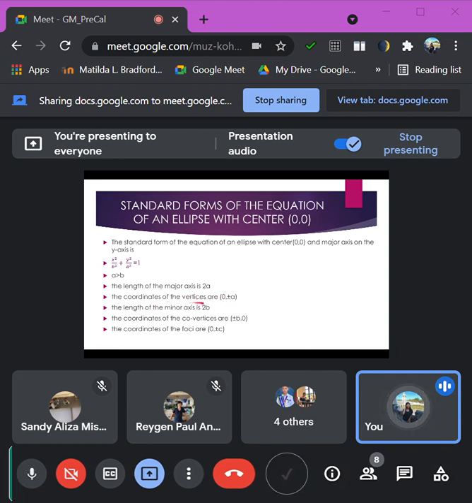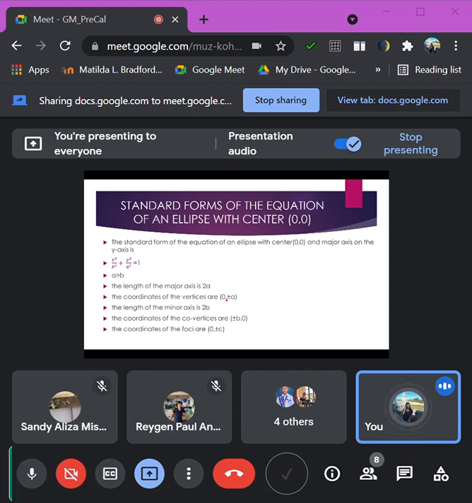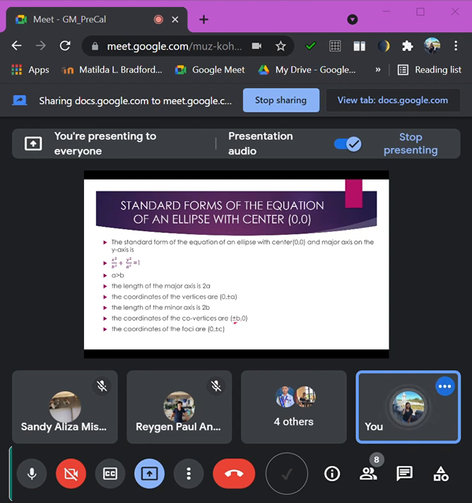So ang iyahang coordinates sa iyahang vertices, so di ba naa naman na sa y-axis ang porma kay barog man siya. So meaning to say, that is 0 and then positive negative a. And then for your minor axis, that is still 2b, pero ang iyahang pag-write na sa imong coordinates, that is already positive negative b, 0.